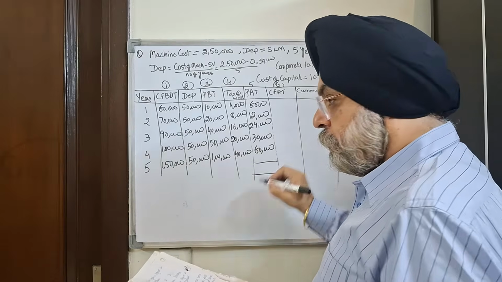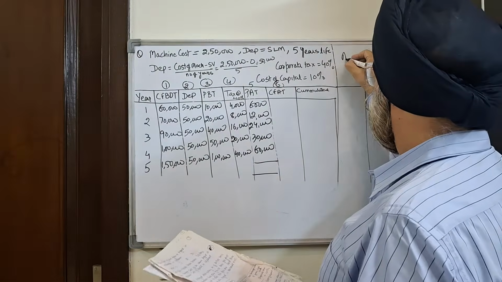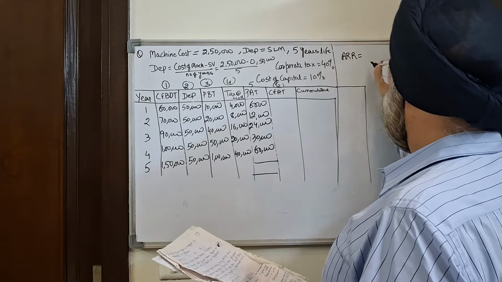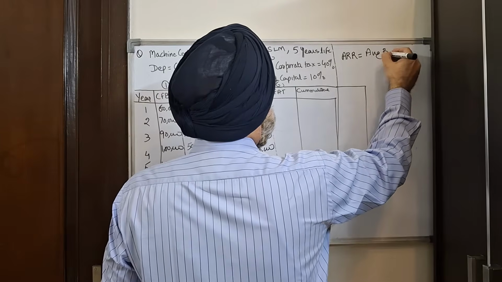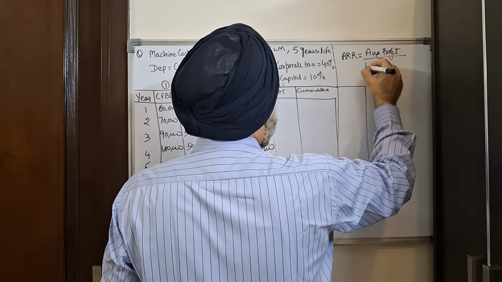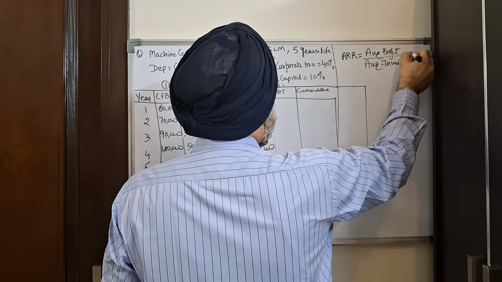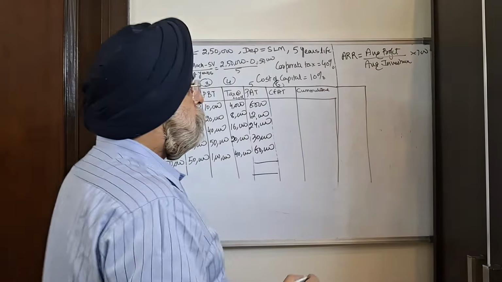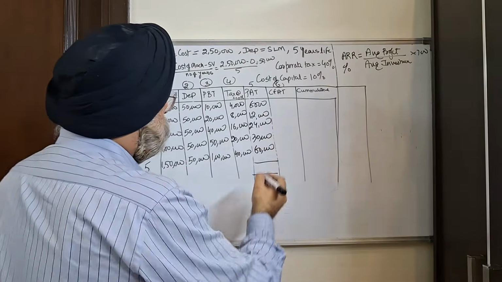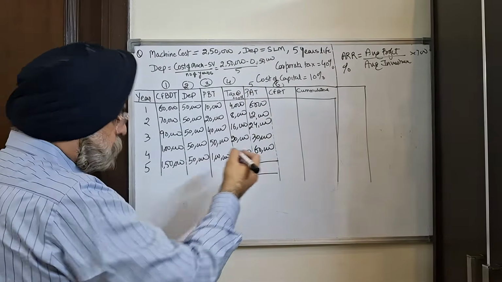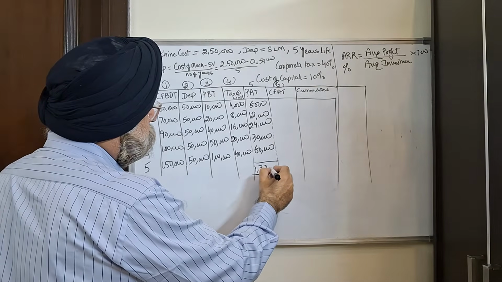Now to calculate ARR. ARR is equal to average profits upon average investment into 100. The answer will come in percentage form. So when we add all the profits after tax, it comes to 1,32,000.